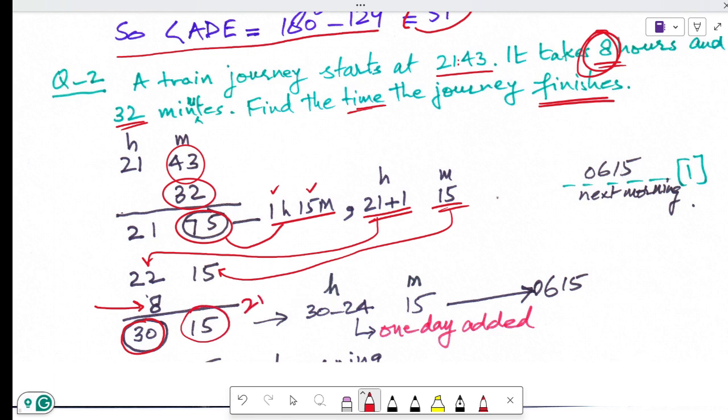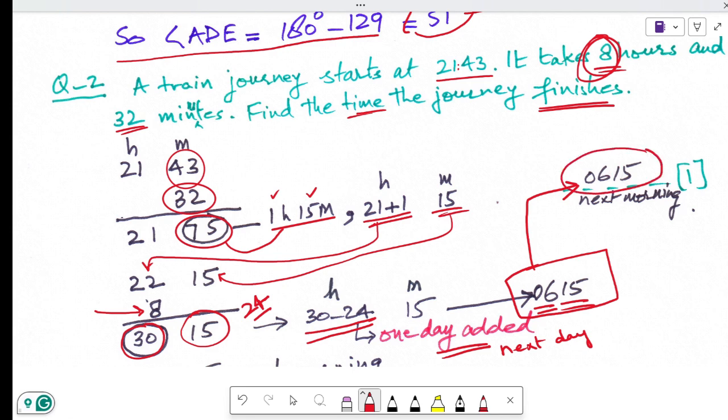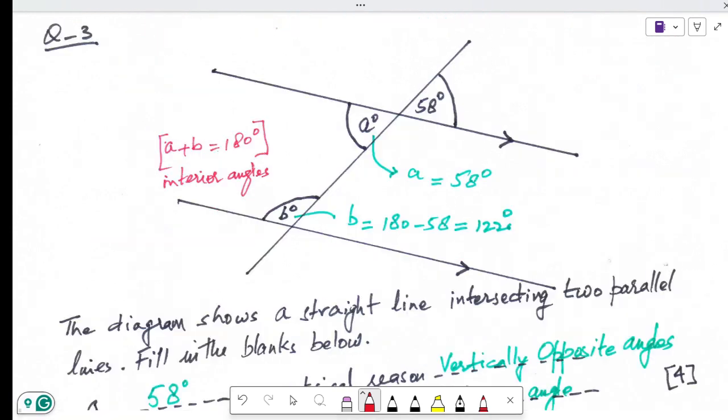So we subtract 24 hours from 30 and we are left with 6 hours. That means that we have gone on to the next day, and the next day it will be early morning, 6 hours and 15 minutes. So the answer is either 6 hours and 15 minutes, or we write down 0615 hours next morning and score the 1 mark. Calculation is for those students who are struggling with the working of time.